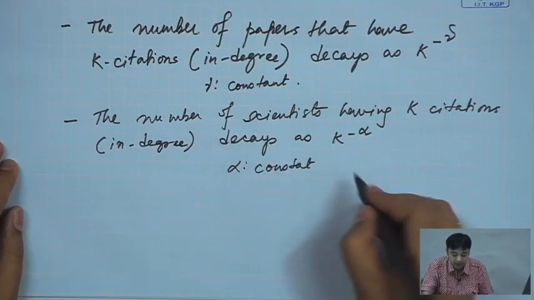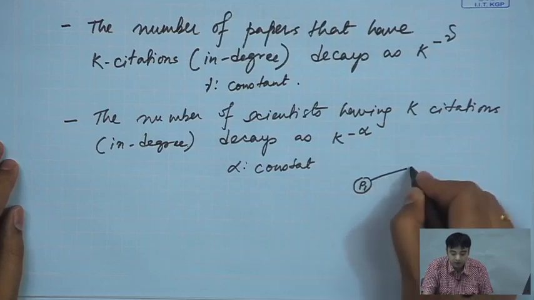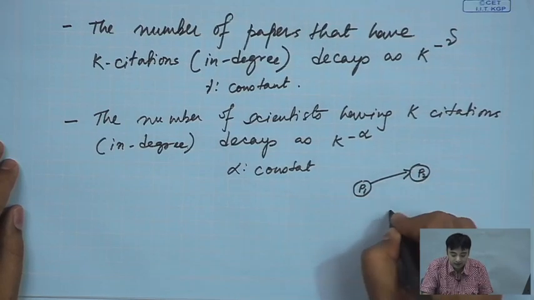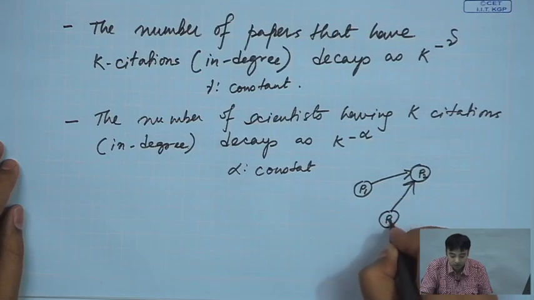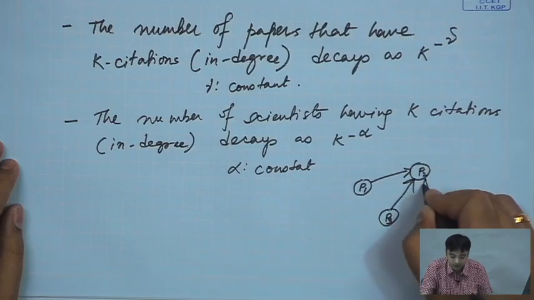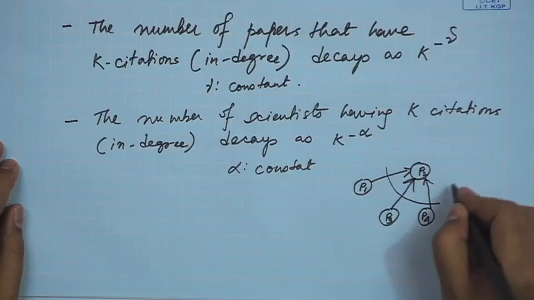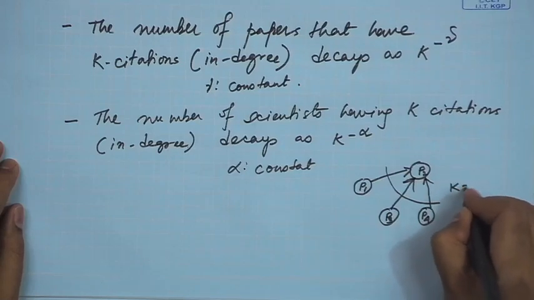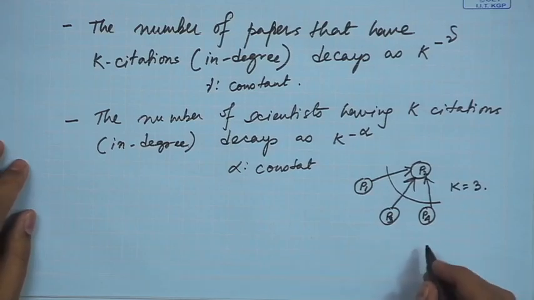Just to recap, if you look at the paper citation network and say there is some paper P2 that is being cited by 3 other papers P1, P3 and P4, then in this case k is equal to 3. K is equal to 3 in this particular example.